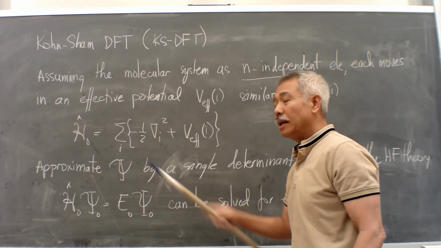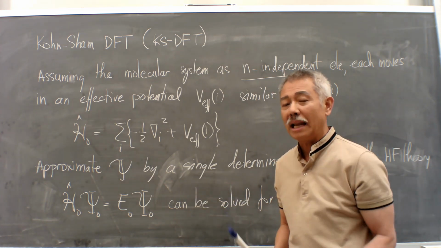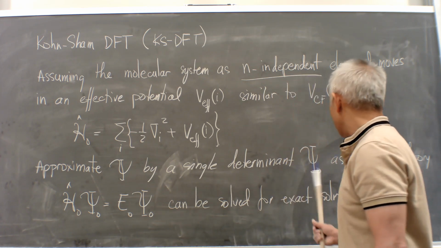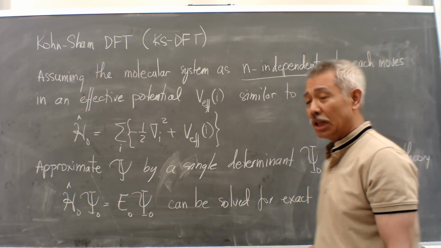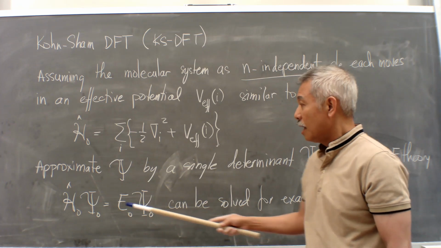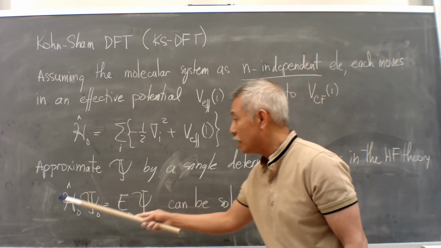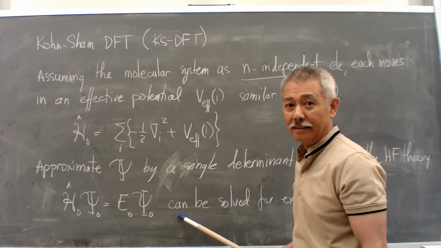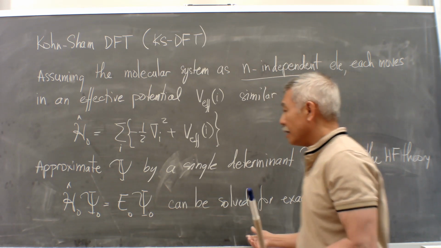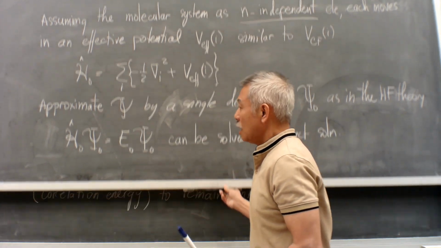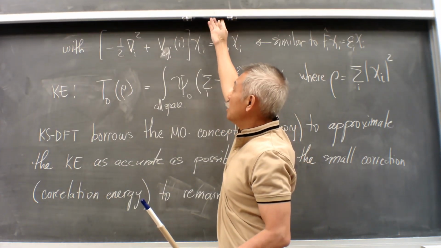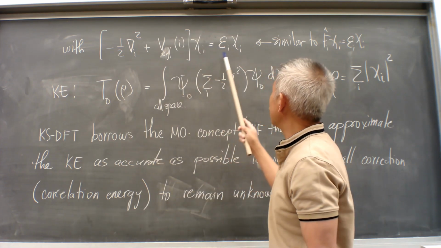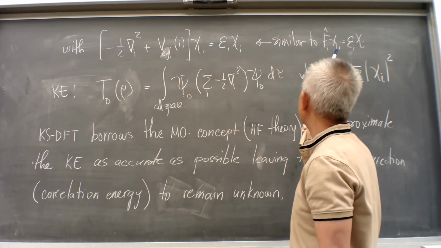If we approximate the wave function as a single Slater determinant, just as in the Hartree-Fock method, so this psi naught is a single Slater determinant, then we can solve these Schrodinger equations exactly. We can solve that, okay? And we can solve for the exact solutions. When we get that Slater determinant, we solve it with one similar to the Fock operators.